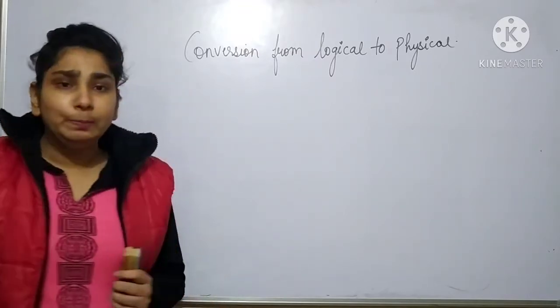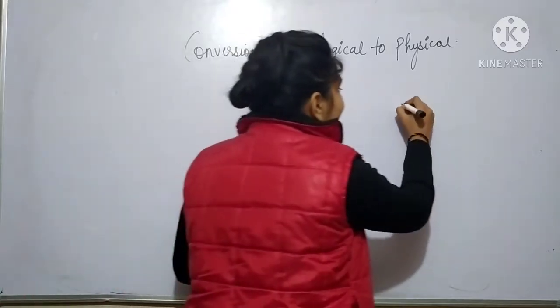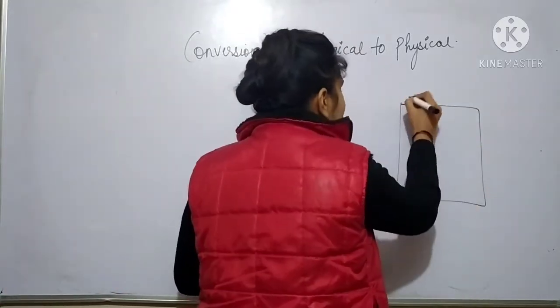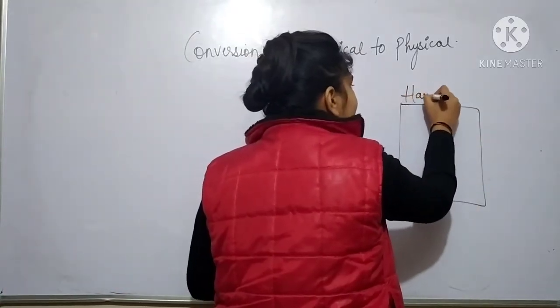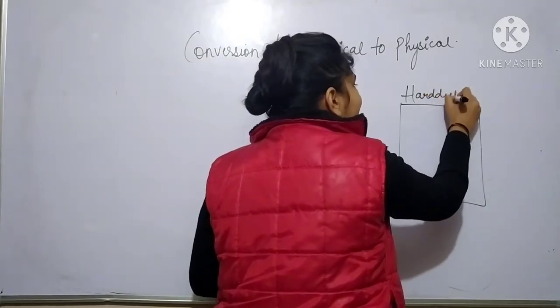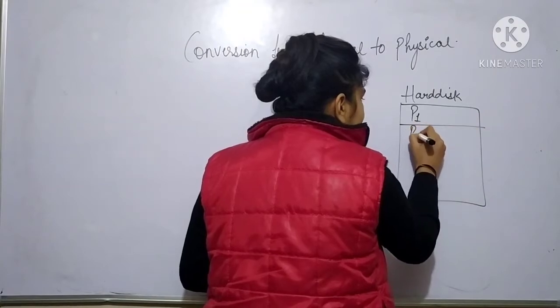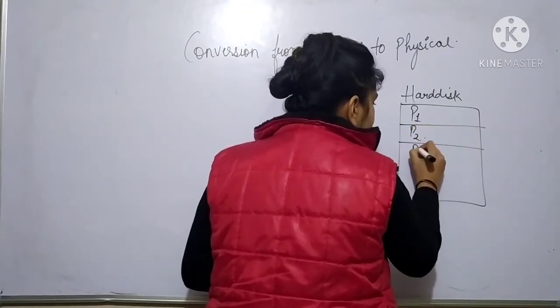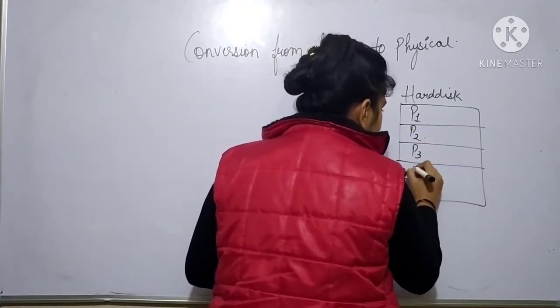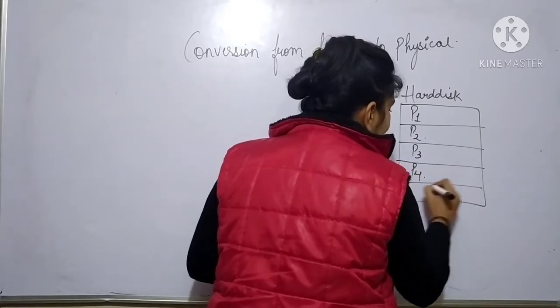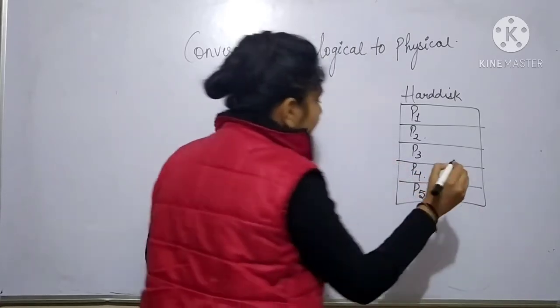Let's suppose in my hard disk, I am having 5 processes: process P1, P2, P3, P4 and P5.